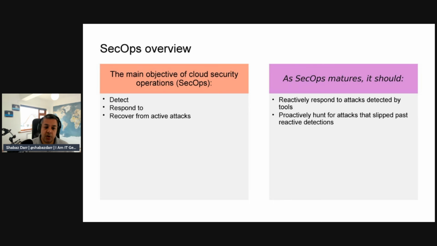And as SecOps matures, you should be able to react and respond to attacks that are detected by the specific tools. I'm going to talk about some of them, obviously, but also not just react. You want to be proactive as well. Be able to hunt for any attacks that might slip past your reactive detections. And again, constantly make sure you're reviewing your security services and any anomaly alerts or strange alerts that you might have.